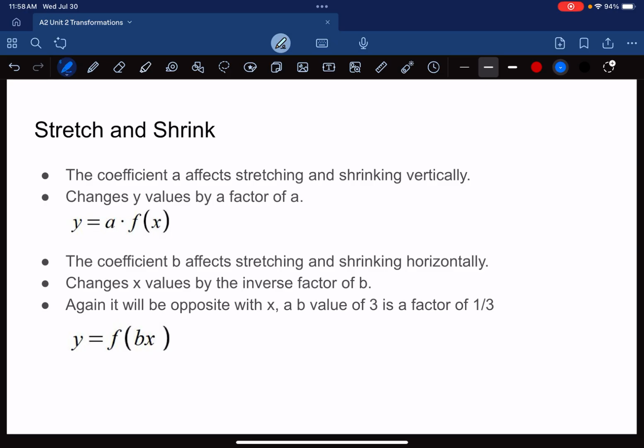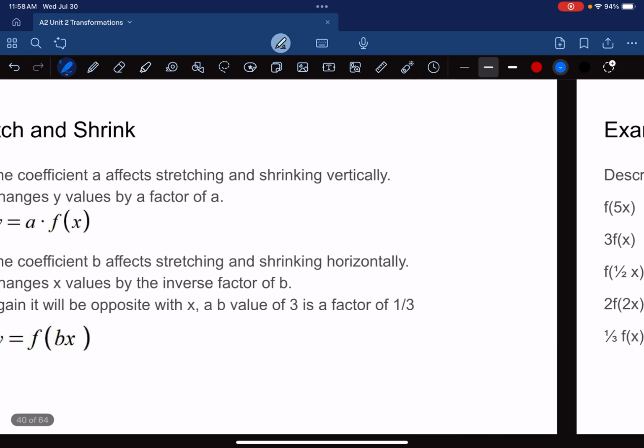Again, it will be opposite with x. So a b value of 3 is a factor of 1/3. It's going to cut the x values to 1/3 of their value. That's what happens with b being inside on x. We're doing the opposite again.